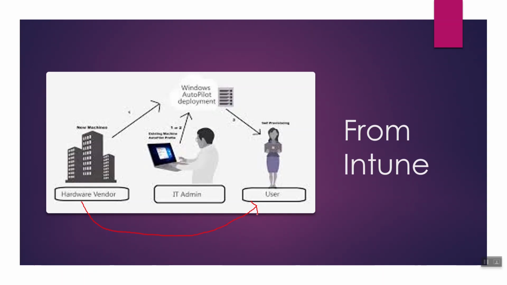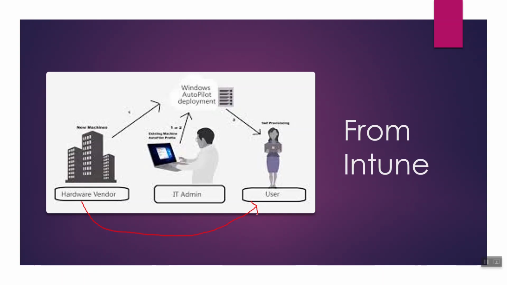The IT used to maintain an inventory of the devices, and then the IT had to plug in the USB cable and image the devices. Gone are those days. Now the hardware vendor is going to deploy the device directly to the home address of the end user. So it's just like Amazon or FedEx delivering your laptop directly to your home.